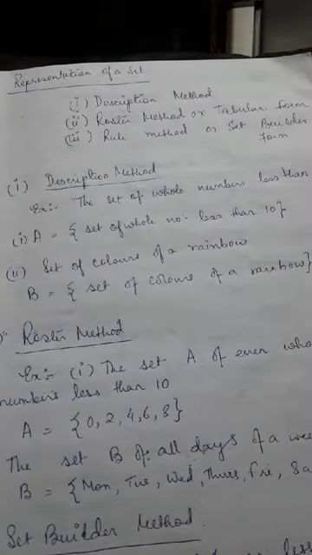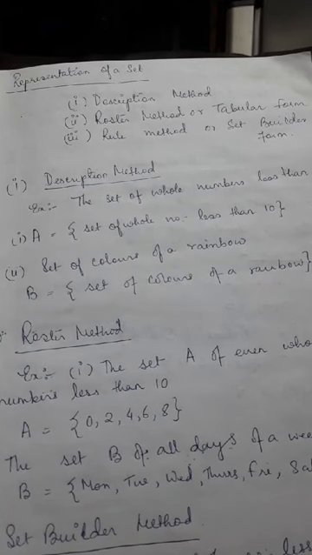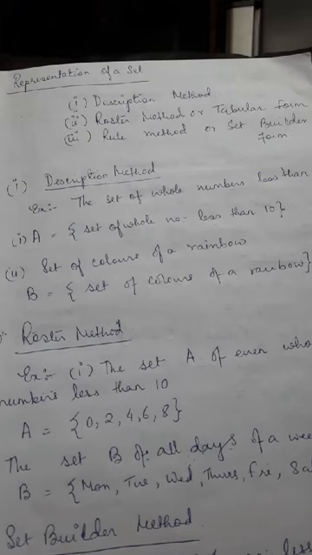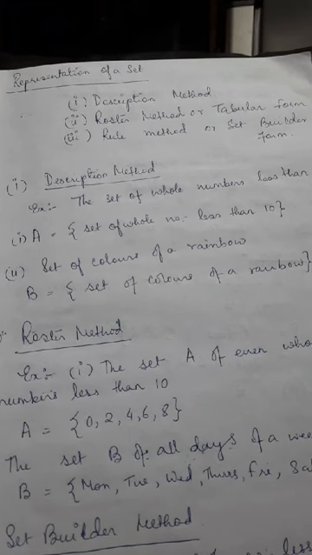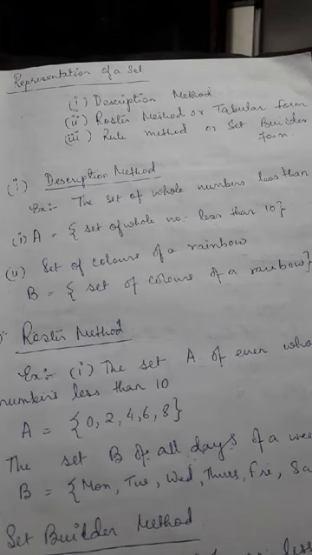Next, we move on to how to represent a set. There are three methods of representation of a set. One is the description method, second is the roster method or tabular form, and the third is the rule method or set builder form. The description method, as the name suggests, means whatever set is given to you, for example, the set of whole numbers less than 10.